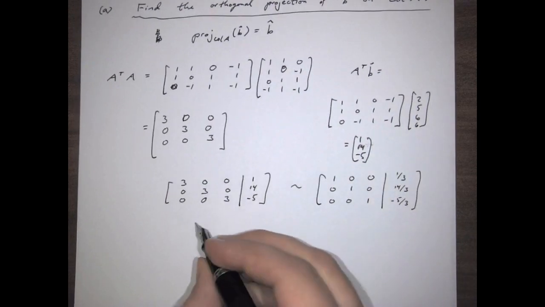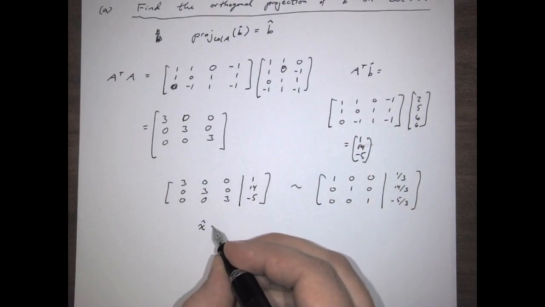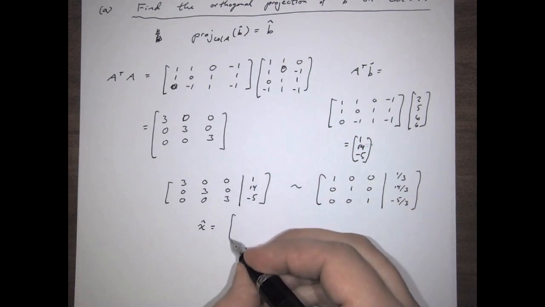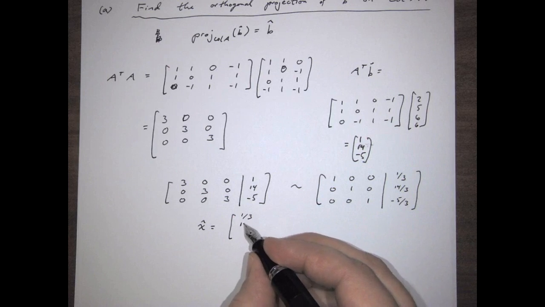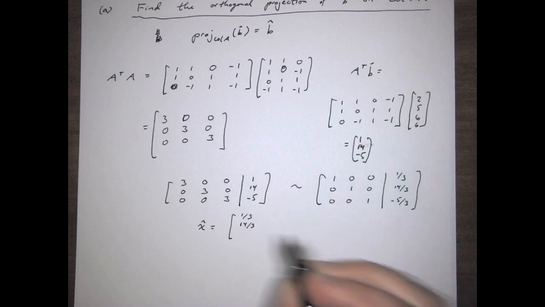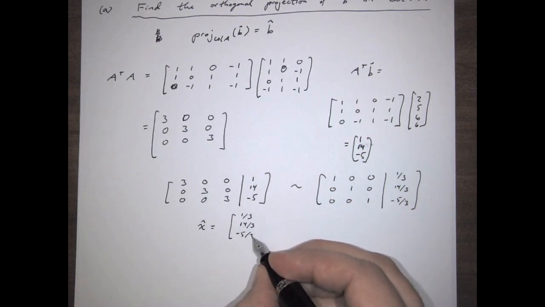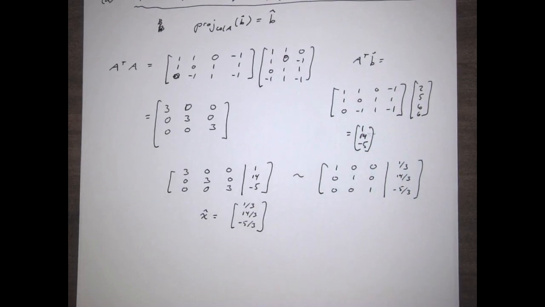And so that gives us an x hat of 1/3, 14/3, and -5/3.